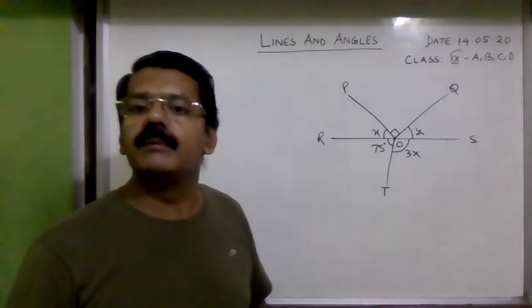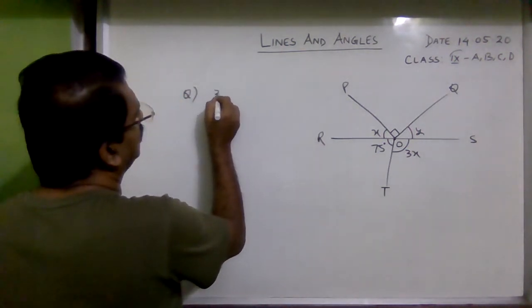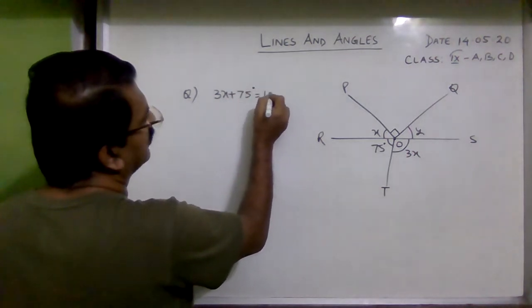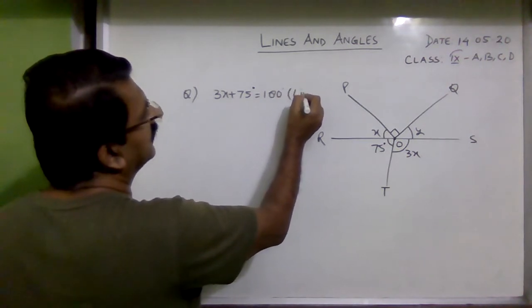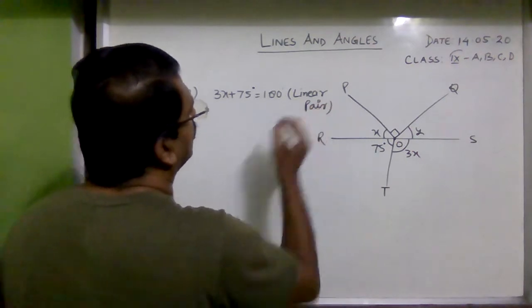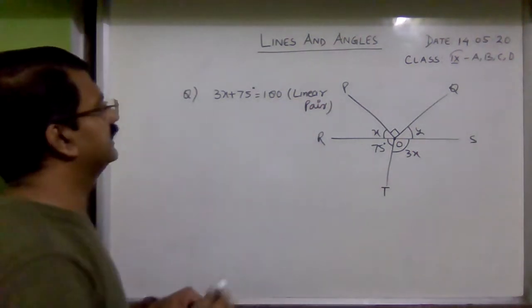Therefore, their sum will be 180. So you see 3x plus 75 is equal to 180. The reason? Linear pair. They are forming a linear pair.